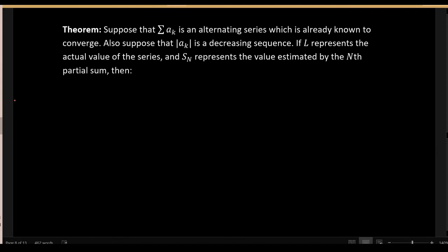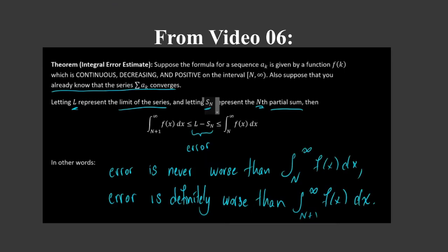Recall from the integral test video number 6 that if we had a series whose formula for the sequence was continuous, positive, and decreasing, and sufficiently nice that we could integrate the formula, then we had this error estimate.